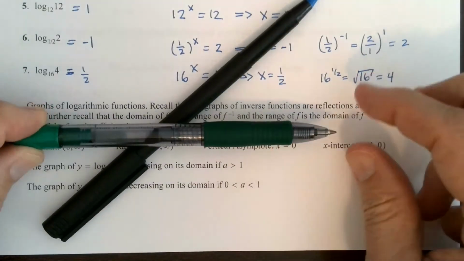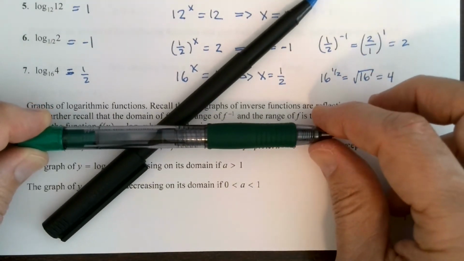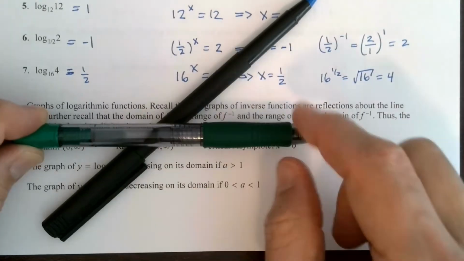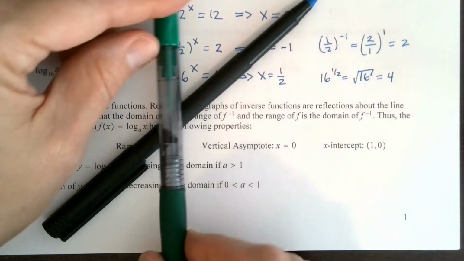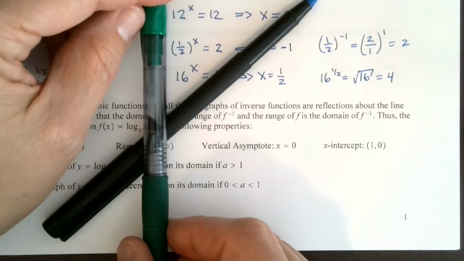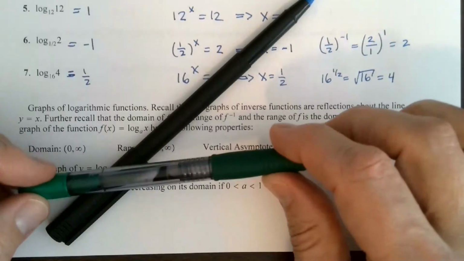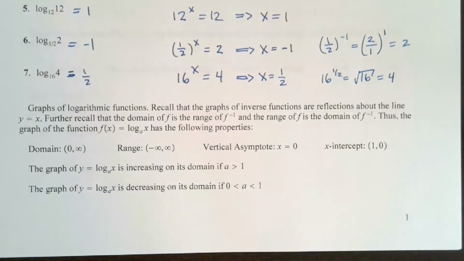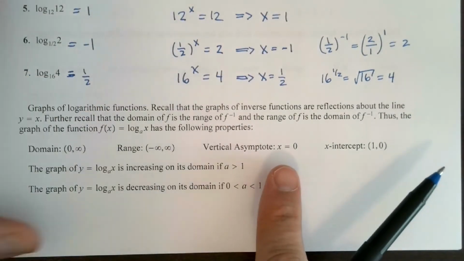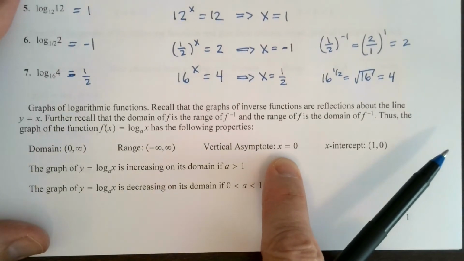Say this green pen represents the x-axis. When I do a reflection in this line here, what we end up with is a vertical line. So our horizontal asymptotes become vertical asymptotes. And so the horizontal asymptote of y equals 0 becomes a vertical asymptote of x equals 0.